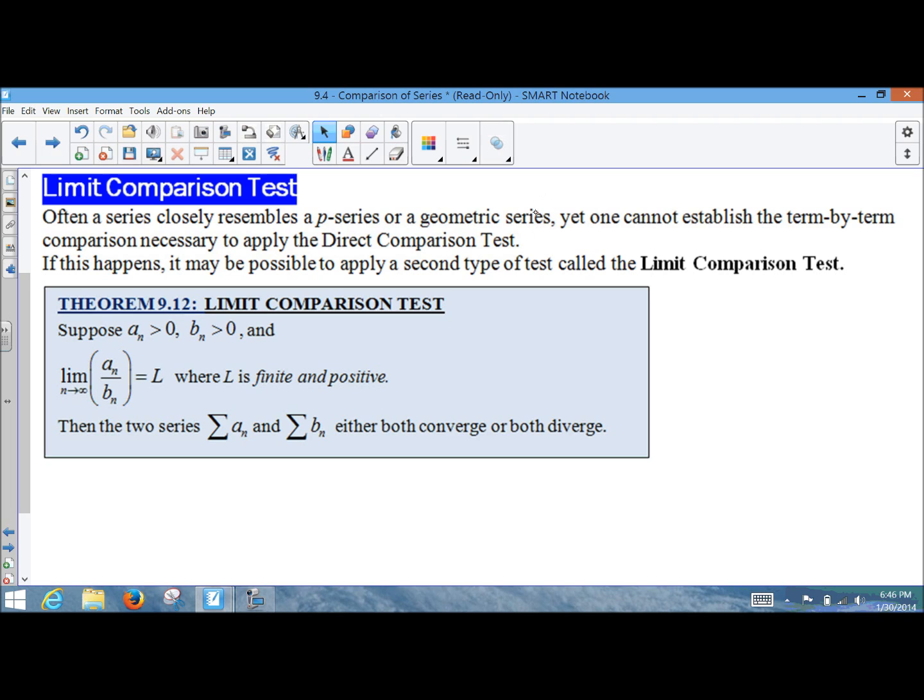If you recall, in the direct comparison test, let's say that you've got an nth term expression that you're trying to figure out whether the series of this nth term expression converges or diverges.